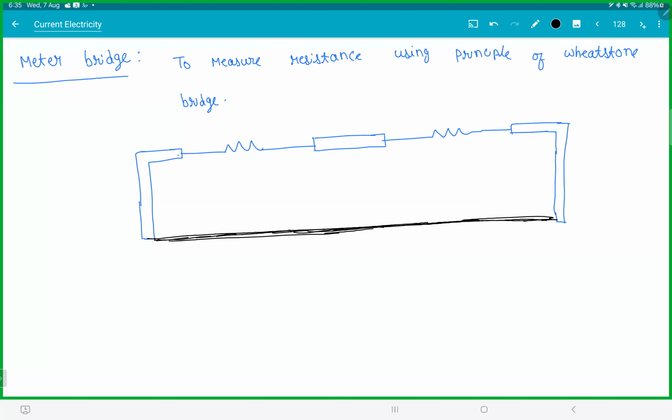So even though it's a meter bridge, you will take it to be length L. So here you are connecting a galvanometer with a jockey. So this needle kind of thing is called a jockey.